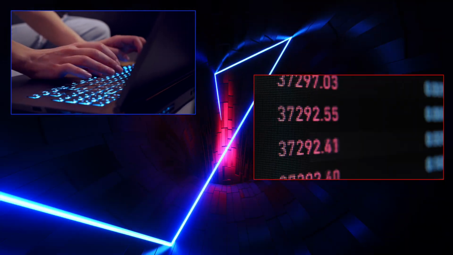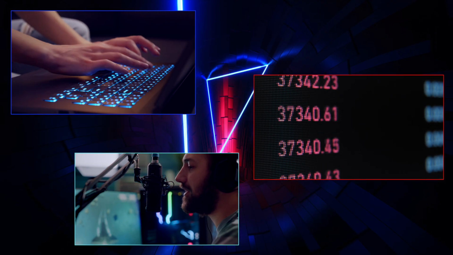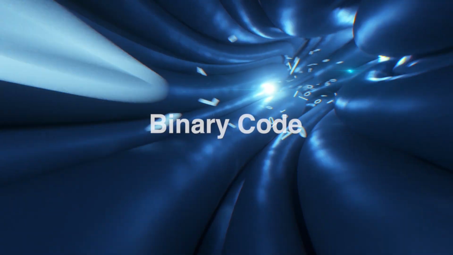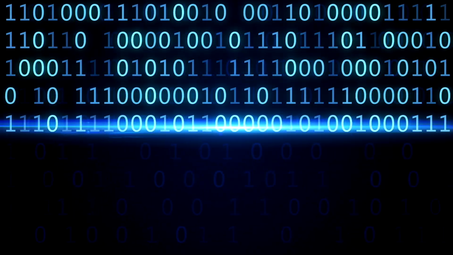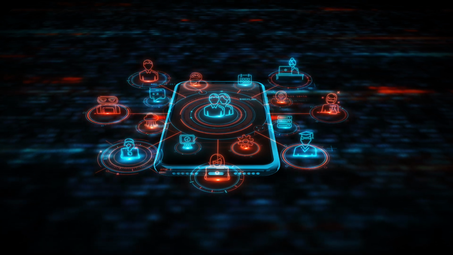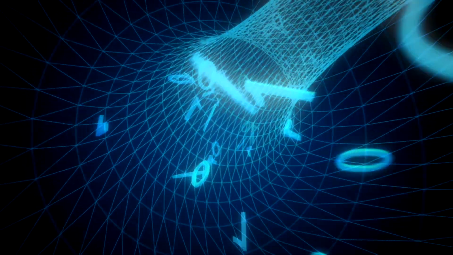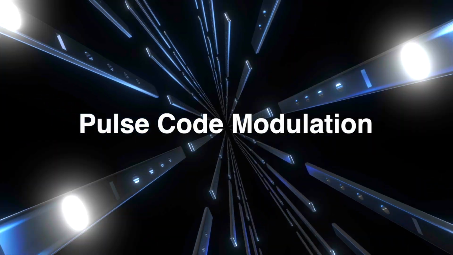So how does this light carry data such as text, numbers, and even voice? Fiber optics transmit digital information in the form of binary code, a series of ones and zeros which represent instructions to the receiving device. But instead of manually sending strings of numbers, fiber optic systems use something called pulse code modulation.